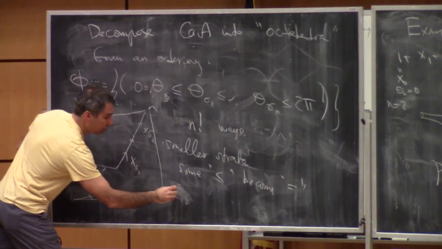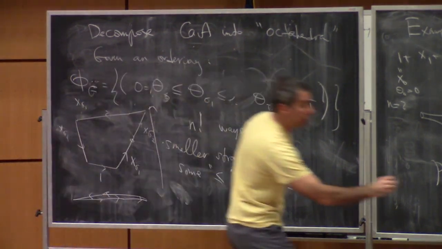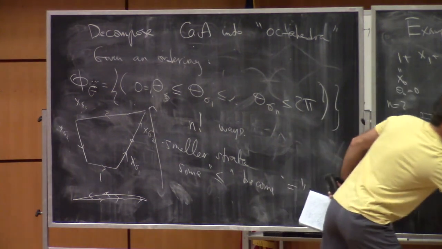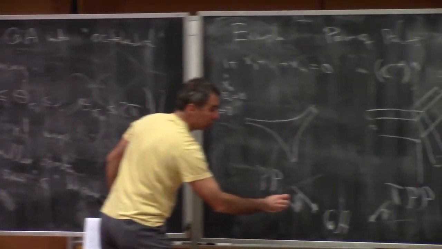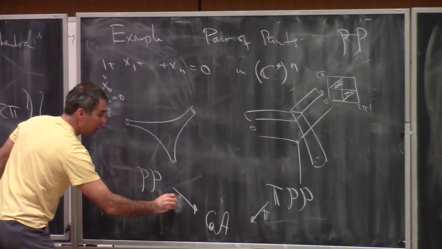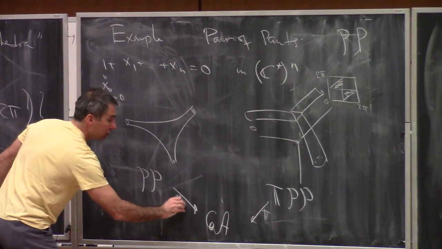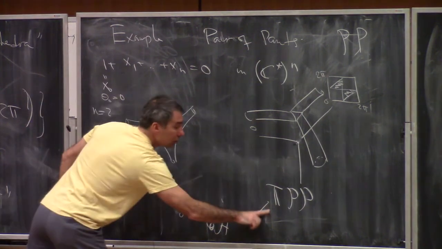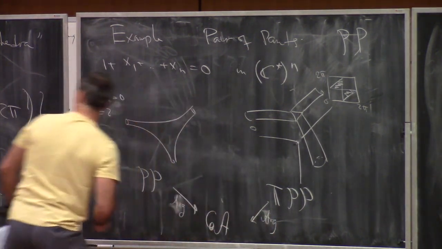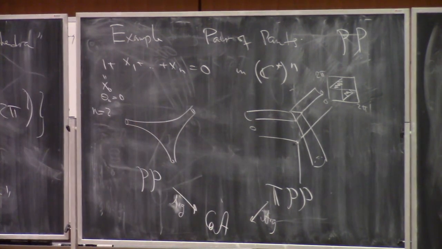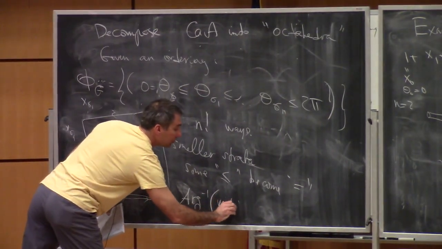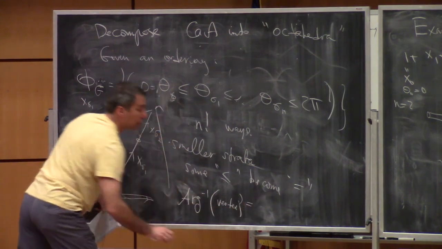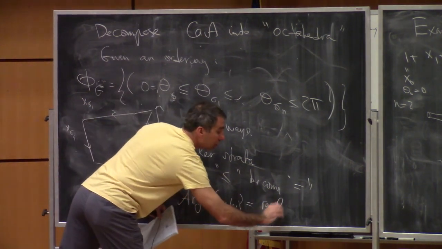So the pullback of the vertex under this map phi, which looks like the argument map, the argument inverse of the vertex, is real.